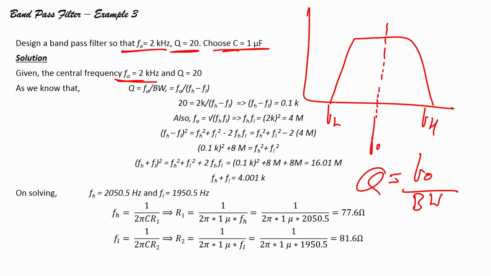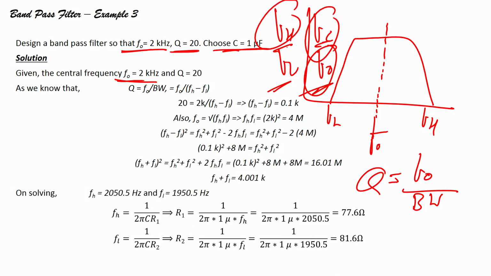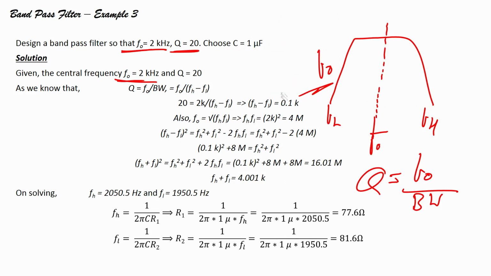When people say FH, FL, FC, FO, these are terms for different things. That does not mean that everything is the same. This is the critical frequency, this is the central frequency, this is the higher cutoff, this is the lower cutoff. You have to understand what the terms are, but the point is, do not get confused if you suddenly see a new term.